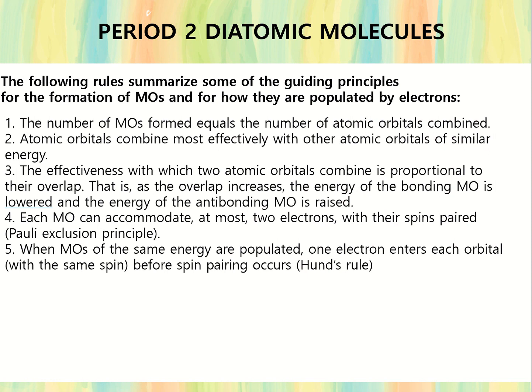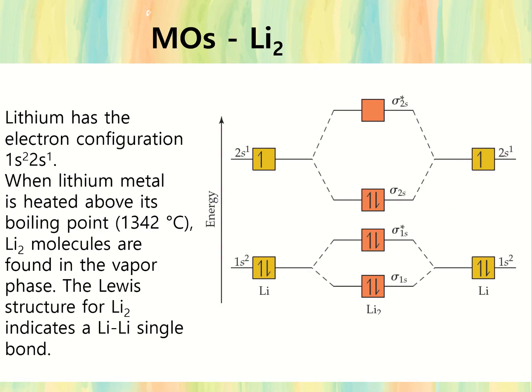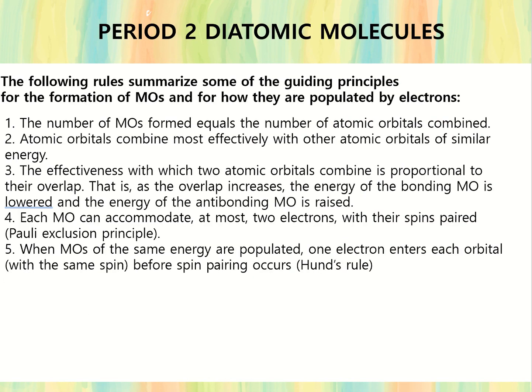The second rule is that atomic orbitals combine most effectively with other atomic orbitals of similar energy. Here we see that the 1s combines with the 1s, and the 2s combines with the 2s because they are of similar energy. Let's skip to 4.